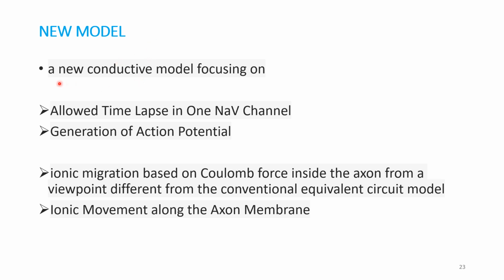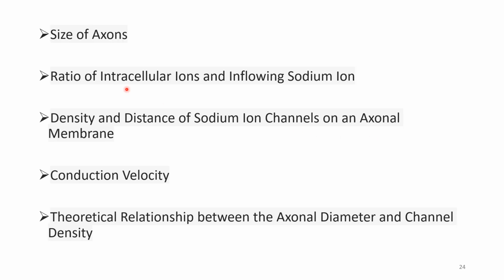They say that they have created a new conductive model, and they are focusing on some points on which the conductivity depends. These are: the time lapse in one NaV channel, that is, the voltage-gated sodium channel, and the generation of action potential; ionic migration based on Coulomb force inside the axon, from a viewpoint different from the conventional equivalent circuit model; ionic movement along the axonal membrane; the size of the axons; the ratio of intracellular ions and inflowing sodium ions; the density and distance of sodium ion channels on an axonal membrane; conduction velocity; and the theoretical relationship between axonal diameter and channel density.